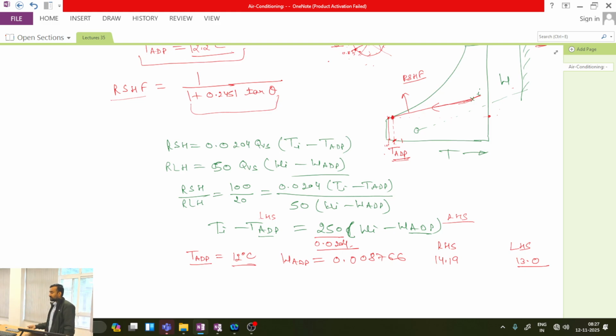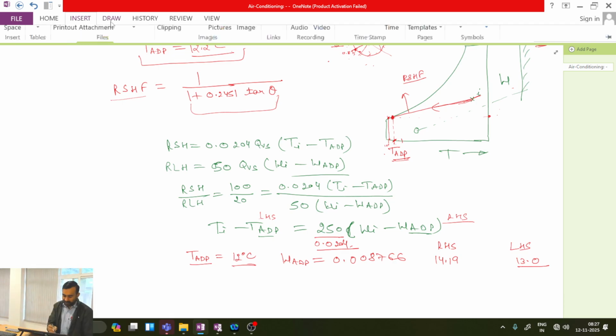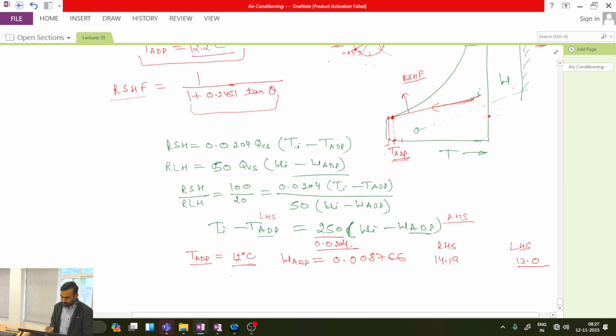So if this is the case, what do I need to do? For the second trial, let me take the second value as 13 degrees Celsius. Again, corresponding to 13, I can calculate W. That WADP is 0.00937. Let me again calculate RHS and LHS.